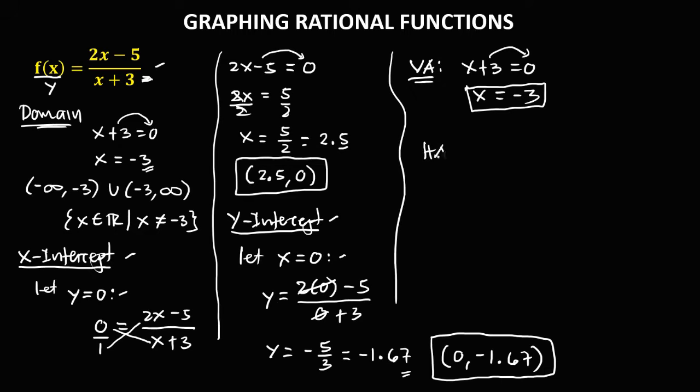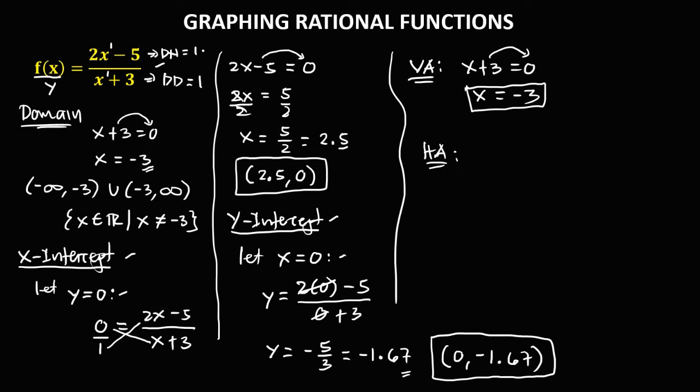Then for the horizontal asymptote, we just need to check the degree of the numerator and the denominator. The degree of the numerator is equal to 1, and the degree of the denominator is also equal to 1.